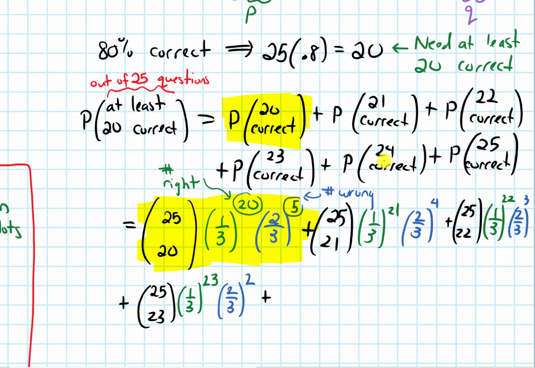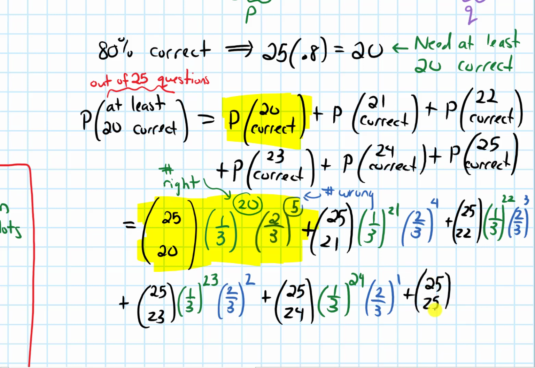And then 24 correct would be 25 choose 24 ways. That's how many ways we could get 24 problems right, and multiply that by 1/3 to the 24, and then times 2/3 to the 1. We'd have to get 1 problem wrong. And then finally, for all 25 problems right, we'd have 25 choose 25.